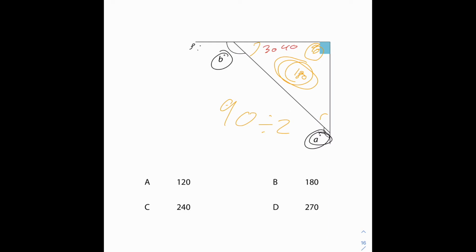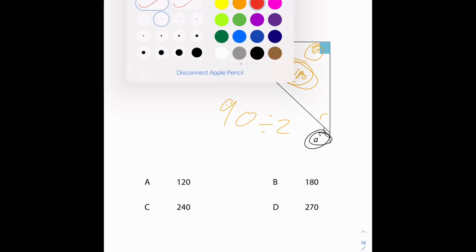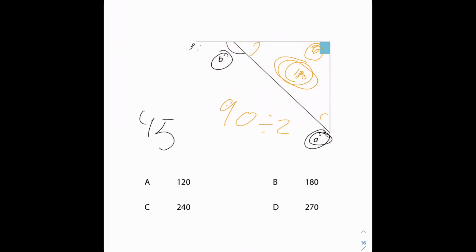Most importantly, we're going to have 90 divided by 2. If we add those two angles, we're going to have 90 in the end. So 90 divided by 2 is 45. So 45 could be here or whichever, but notice how when we're looking for A, we're just going to add any two opposite angles.